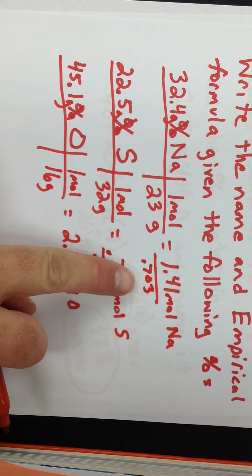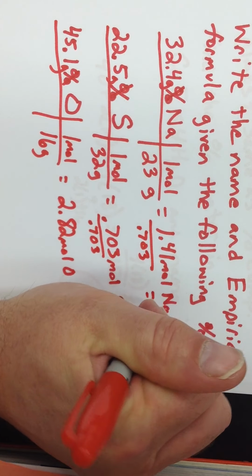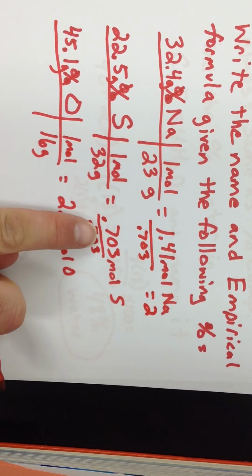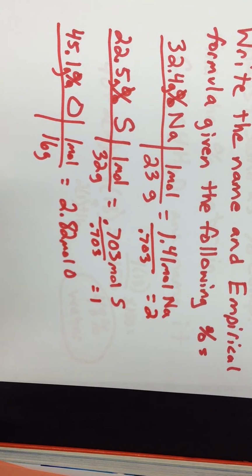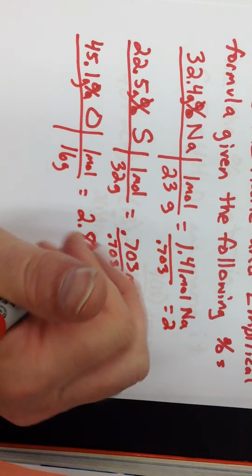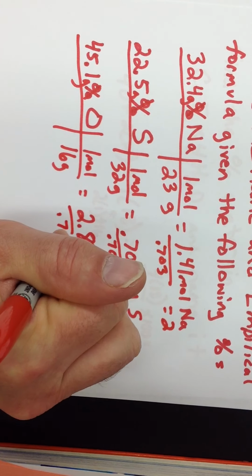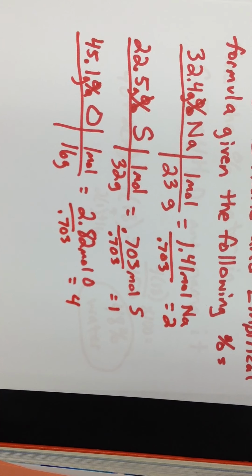Some of you may just instantly look at that and say, oh, 1.4 divided by 0.7 would just give you 2. 0.7 divided by 0.7 is 1. 2.82 divided by 0.703 gives you 4. Now, what do you do with these brand new numbers?